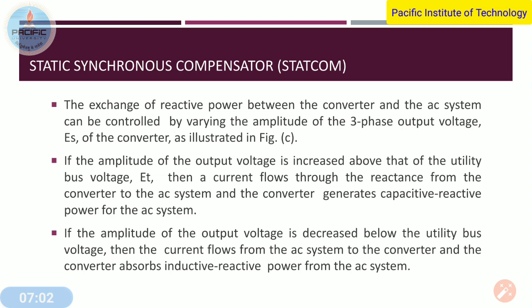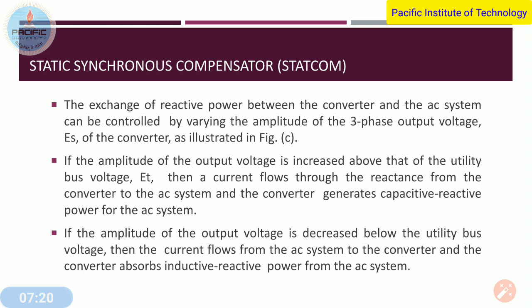Right? So the exchange of reactive power between the converter and the AC system can be controlled by controlling the amplitude of the three-phase output voltage ES of the converter. We already discussed this concept in the previous slide.